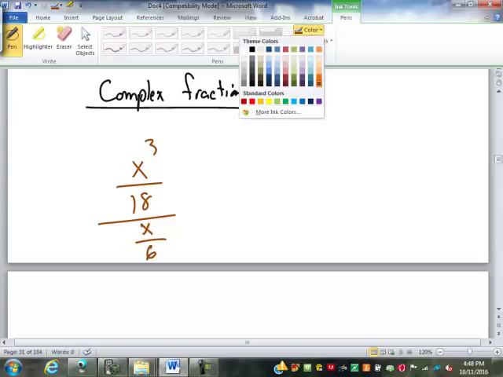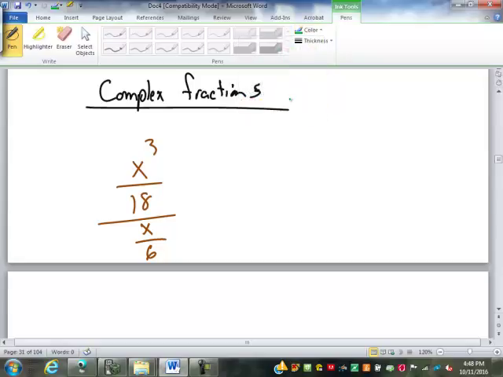If I give you something like this, what is that telling you to do? It's written kind of funny here, but all that is saying is this. X to the 3rd over 18 divided by x over 6.